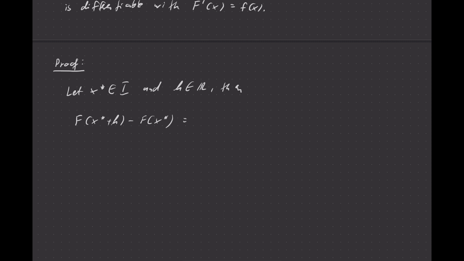By definition, F of x star plus h is the integral from a to x star plus h over f of t dt, and F of x star is the integral from a to x star over f of t dt. Now, using the properties of the integral, we can combine those and write that as the integral from x star to x star plus h of f of t dt.